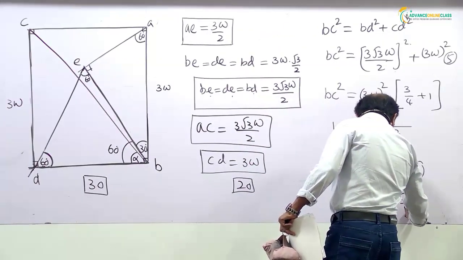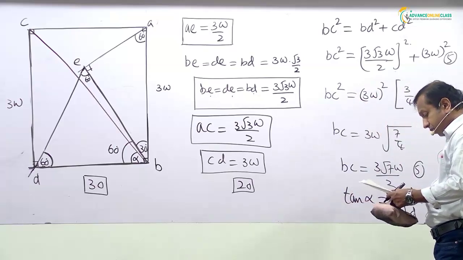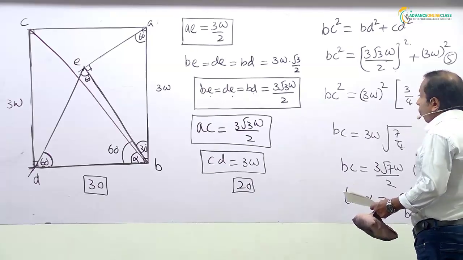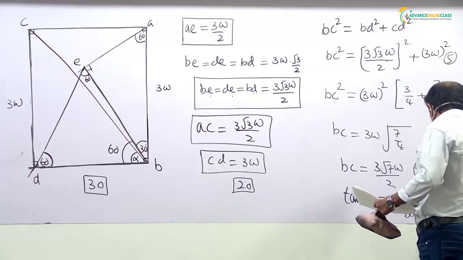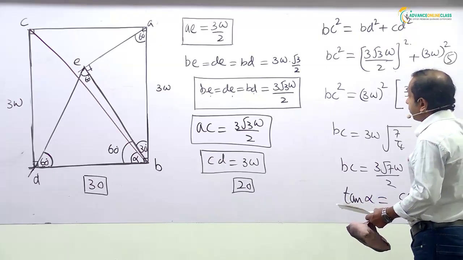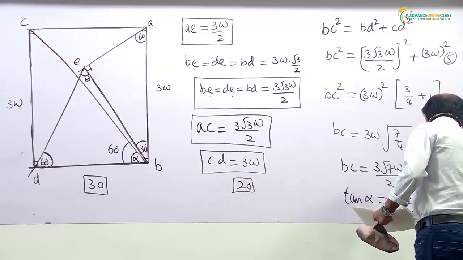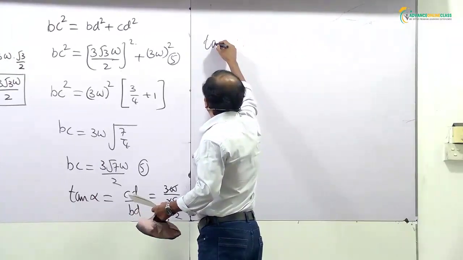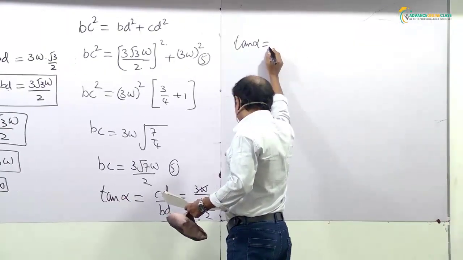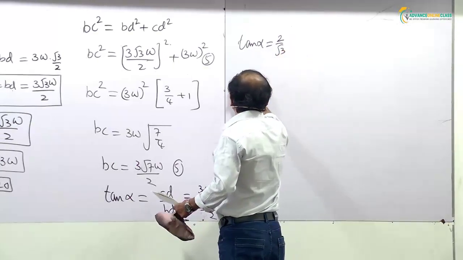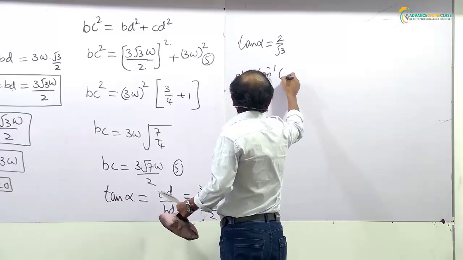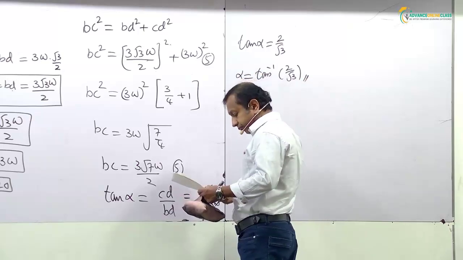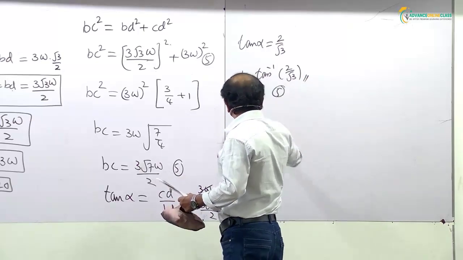CD is 3W, BD is 3 root 3 W by 2. Then tan alpha equals 2 over root 3. Alpha is tan inverse of 2 over root 3. For these, 5 marks.